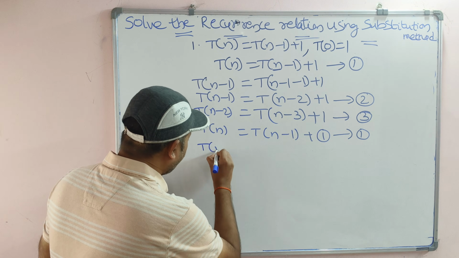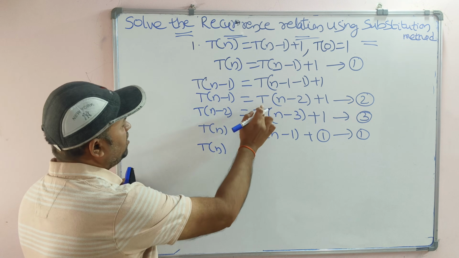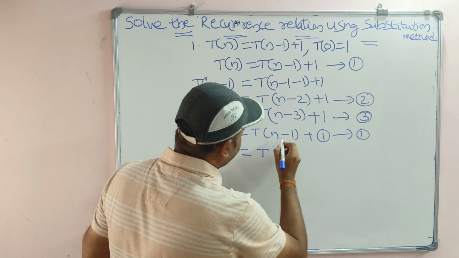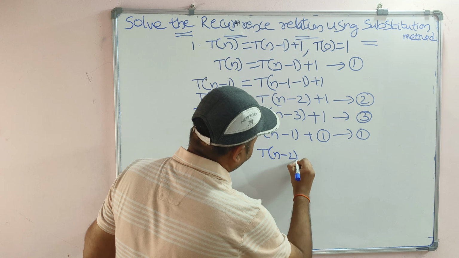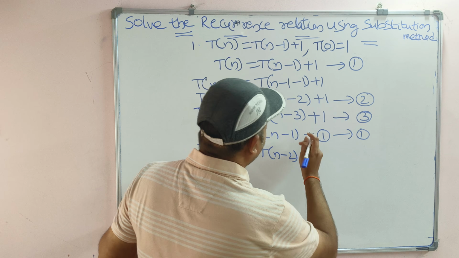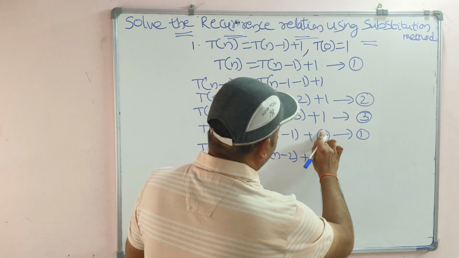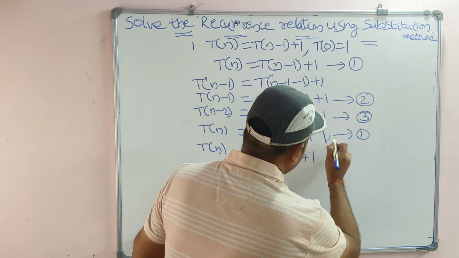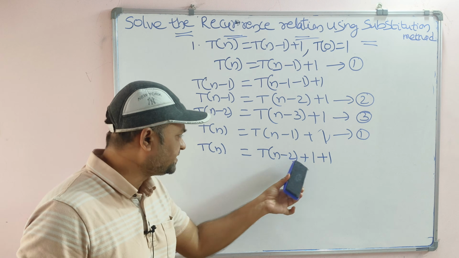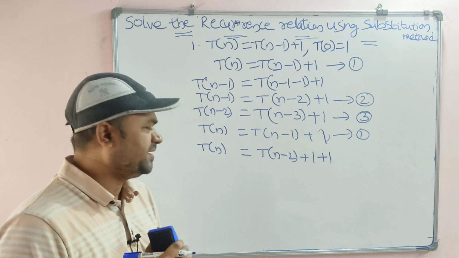Then we will get T of n equal to, what is T of n minus 1? T of n minus 2 plus 1, and here additionally we have 1, plus 1. So this is nothing but T of n minus 2 plus 2.